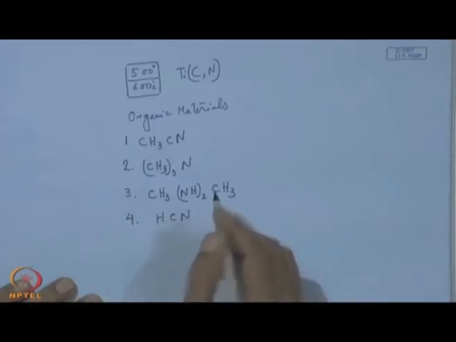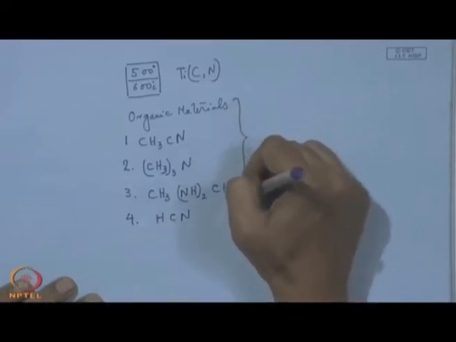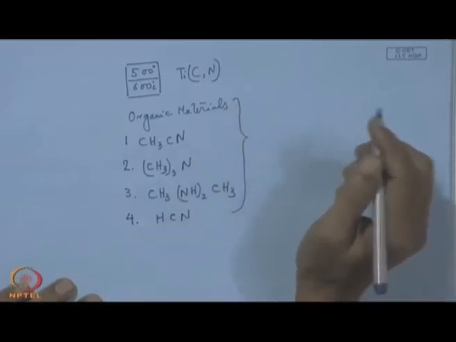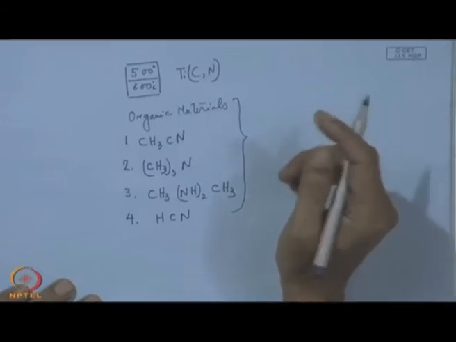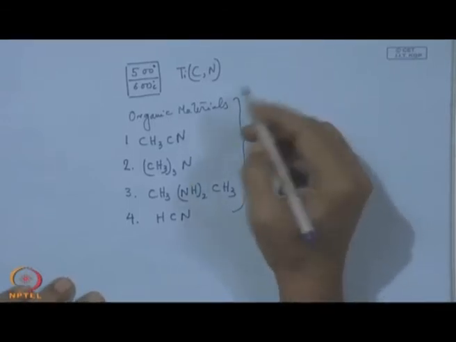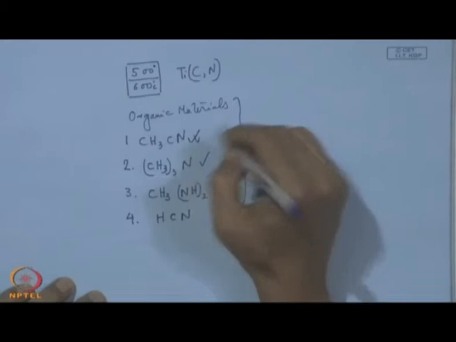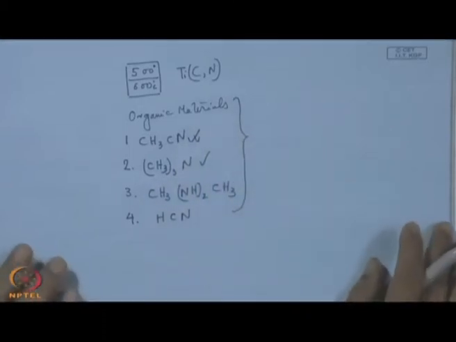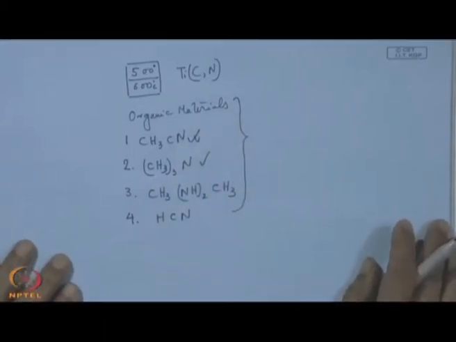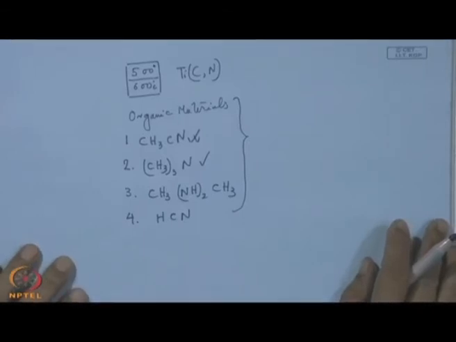So, some serious investigation has been carried out to look for certain source materials for carbon and nitrogen, which can be an effective donor of carbon and nitrogen, and at the same time titanium will be supplied by the conventional source, that means titanium tetrachloride.